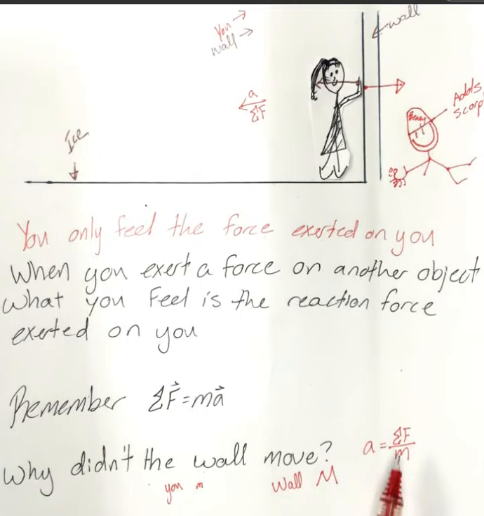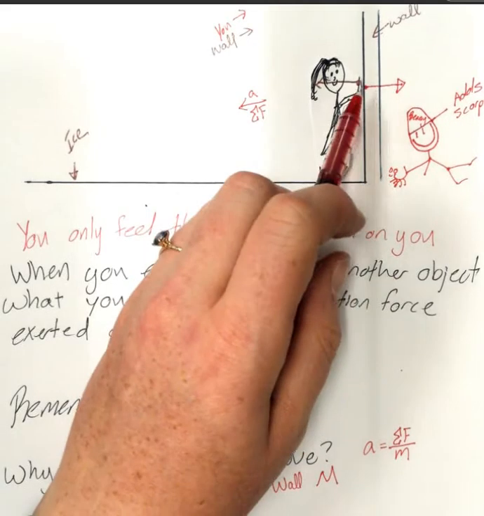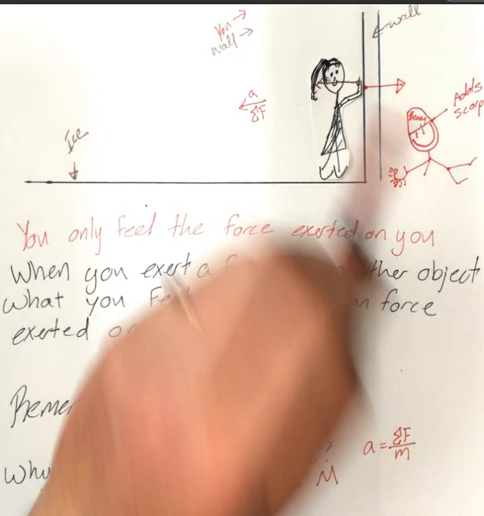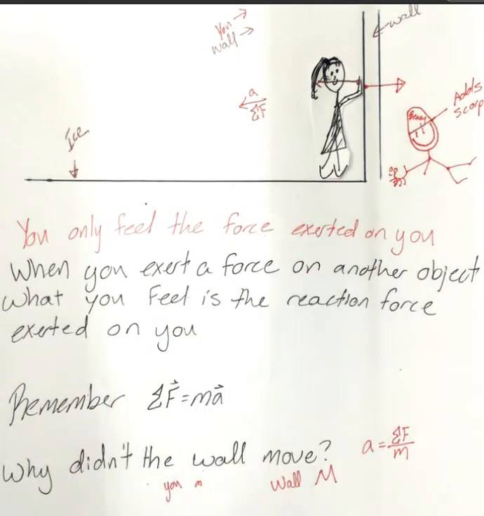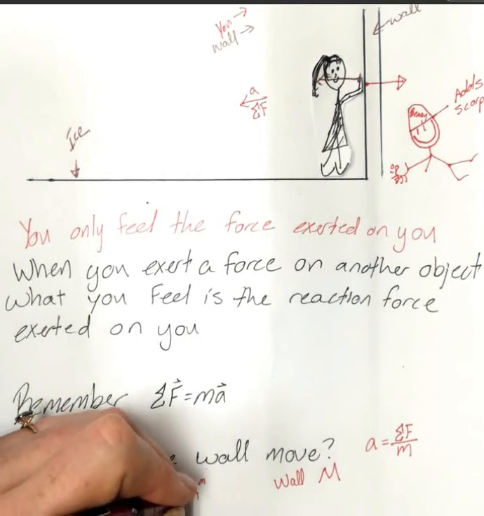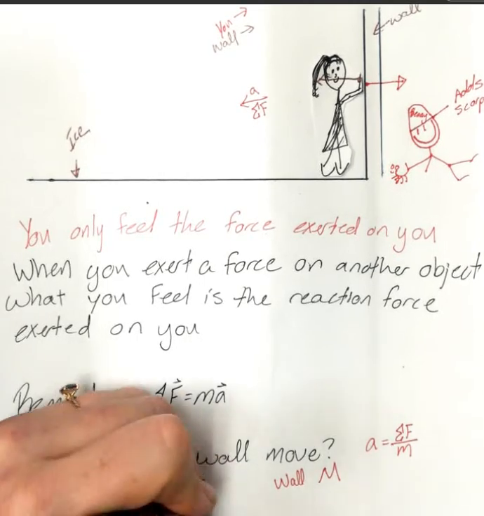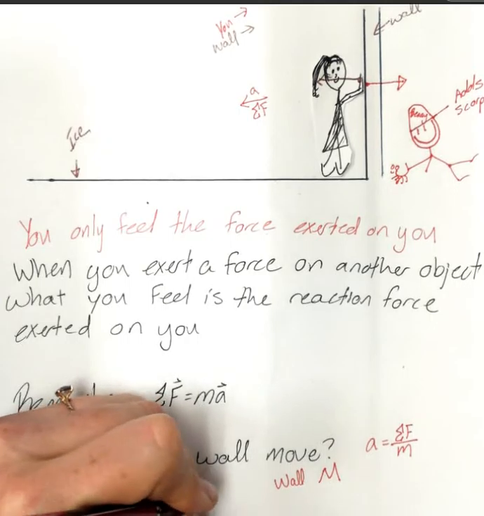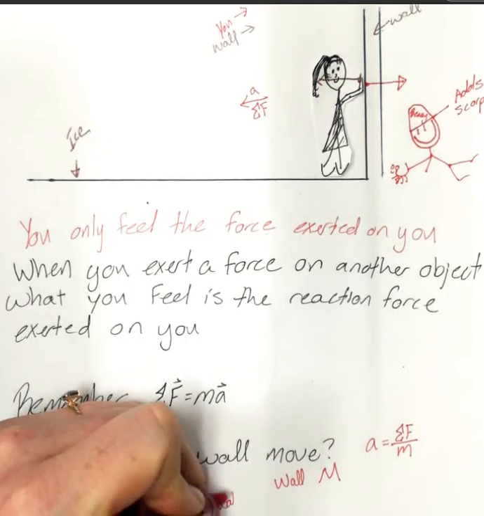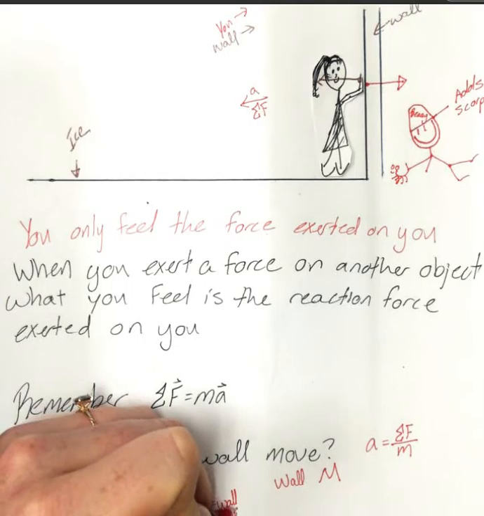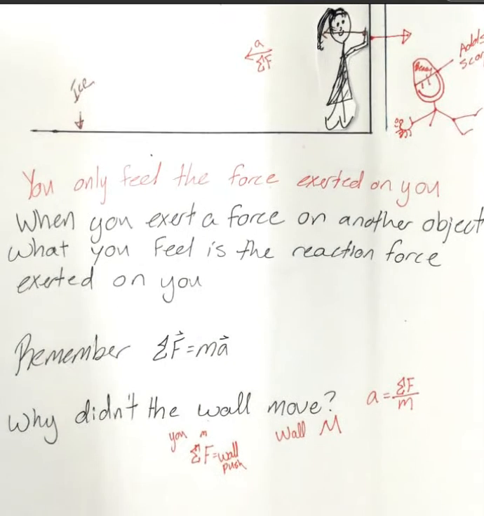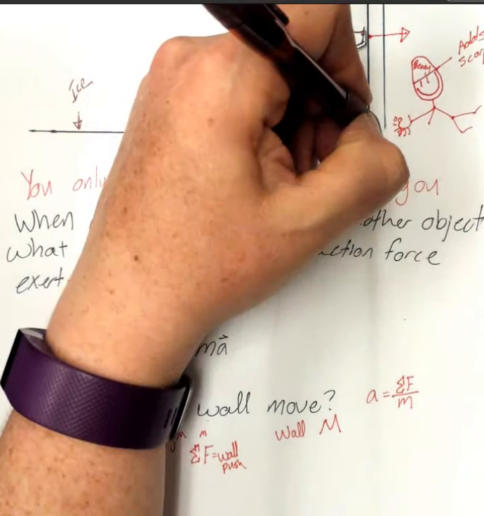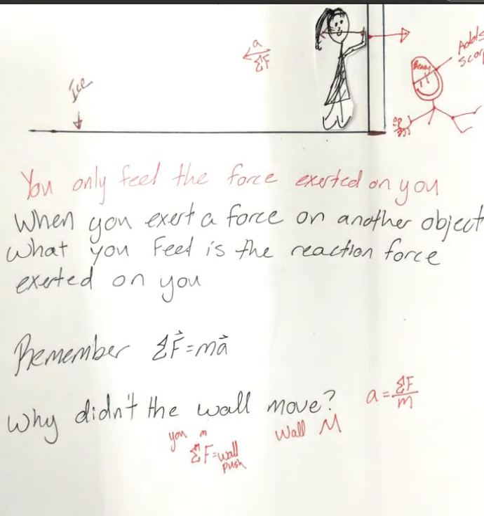But the other thing to consider is the fact that there's net force. Remember, your force and the force that the wall applies to you are equal and opposite. But you are on ice, which means that for you, the net force is going to be a result of the wall's push. Right? Especially if we can neglect friction. However, the wall is literally bolted down and not on ice.